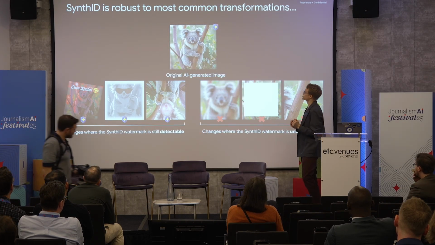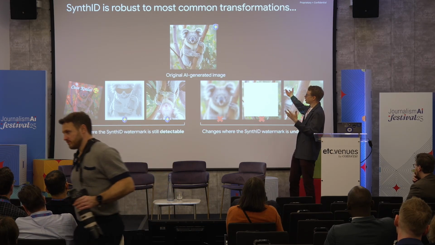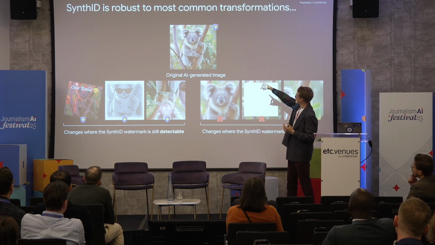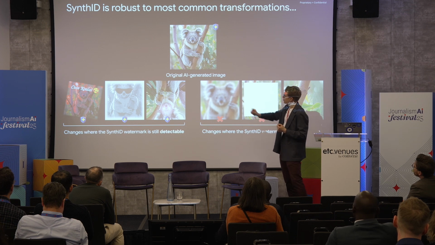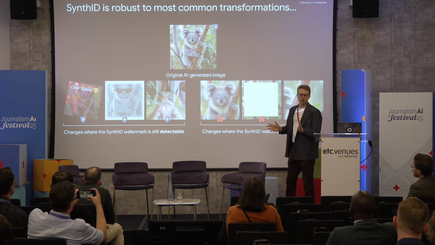This is the slide I was mentioning before on the types of transformations that, for example, image, audio, and videos are robust to. If you take the original image on the top, the cute koala, you see on the bottom left the types of transformations you could do where the watermark will persist, right?